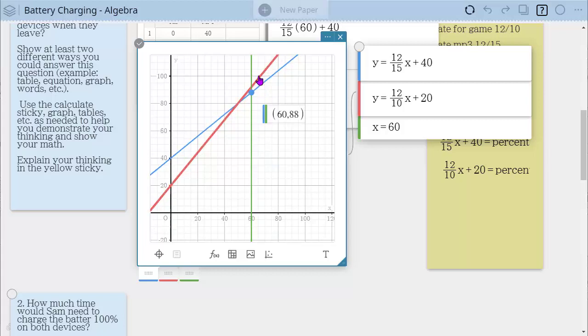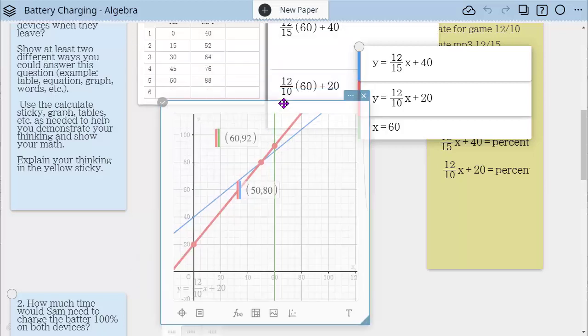Let's try that again. And that's at 92. And then you could even say, well, what's this point mean? Because you have this graph. What's 50, 80 mean? And that means at 50 minutes, they're each going to be at 80% charge. So those are interesting things that can come from the graph.